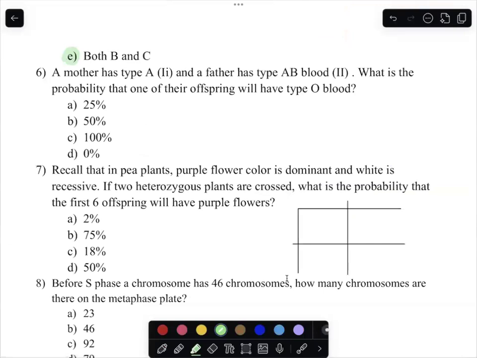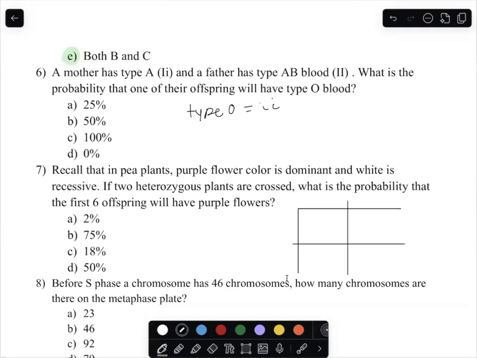Okay. A mother who has type A blood and a father who has AB, what is the probability that one of their offspring will have type O blood? So if we remember the blood types, type O is the two little i's.